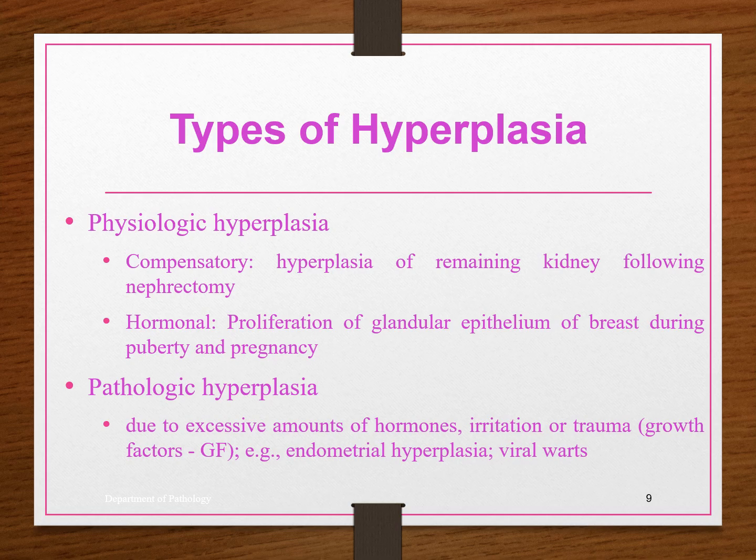Hormonal physiological hyperplasia example is proliferation of the glandular epithelium of the breast during puberty and pregnancy. Pathological hyperplasia is due to excessive amounts of hormones, irritation, or trauma because of the growth factors. Example of pathological hyperplasia is endometrial hyperplasia. One more example is viral warts.